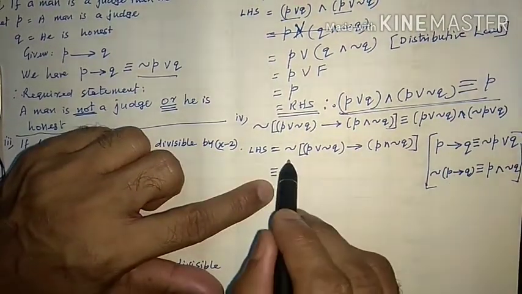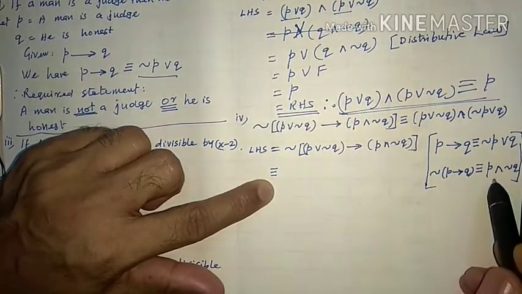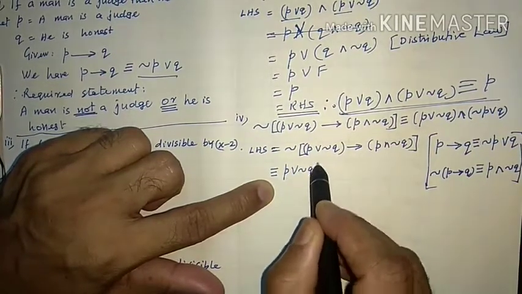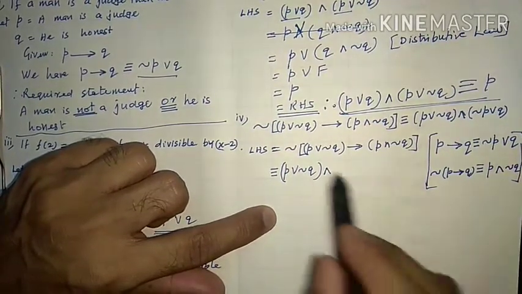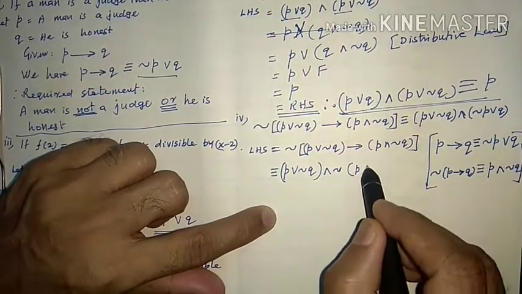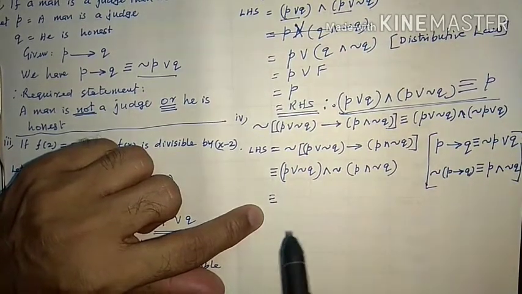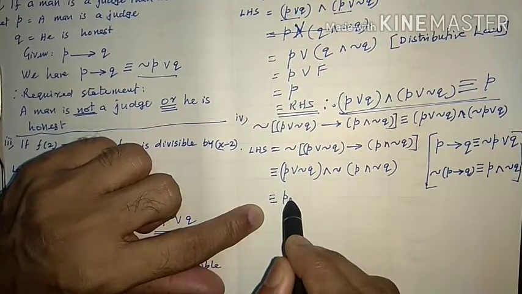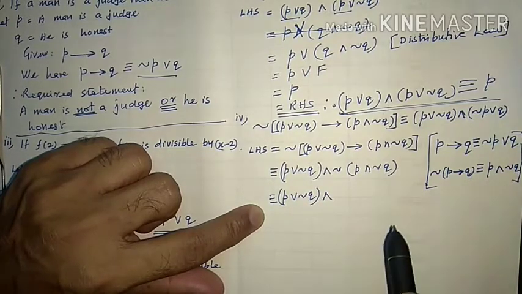Negation of first implies second is equal to what? First one as it is, P disjunction negation Q, conjunction negation of second. Negation of second, P conjunction negation Q, is equivalent to this. In the first there is no further action, so P disjunction negation Q, this conjunction as it is.